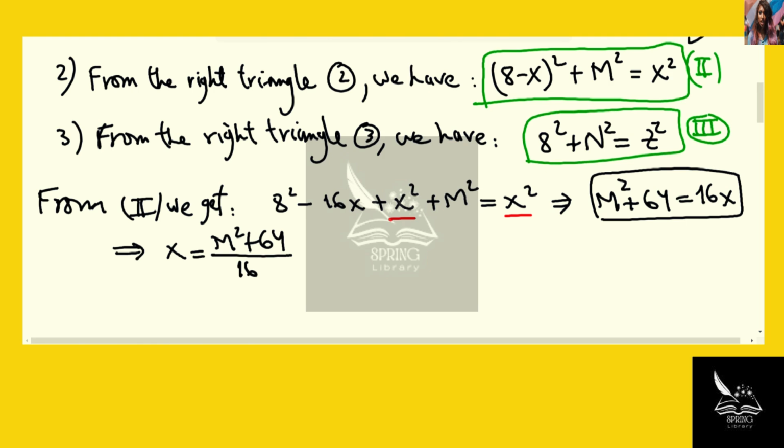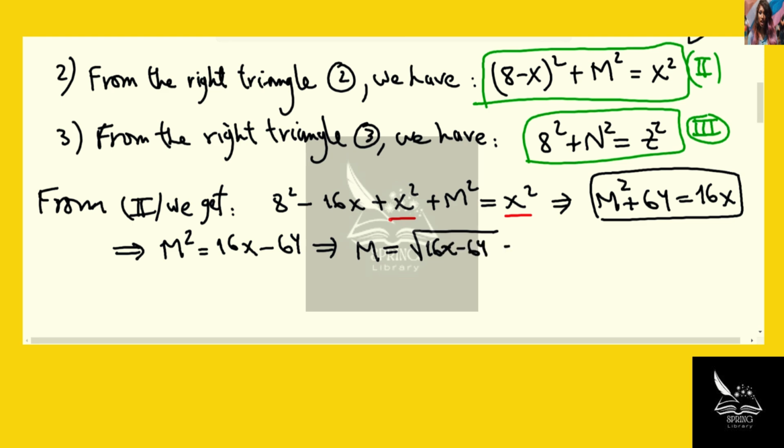Or, sorry, maybe it's not x that we want, it's m. So the other step we can do is m squared equals 16x minus 64, and then m can be written as the square root of 16x minus 64. We take a common factor 16 here, we get x minus 4, and so this is 4 square root of x minus 4.